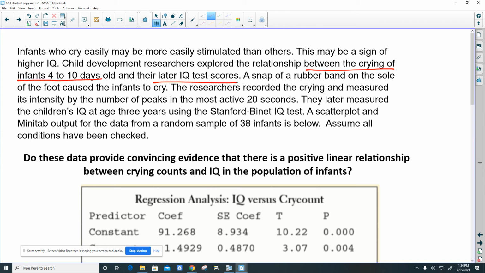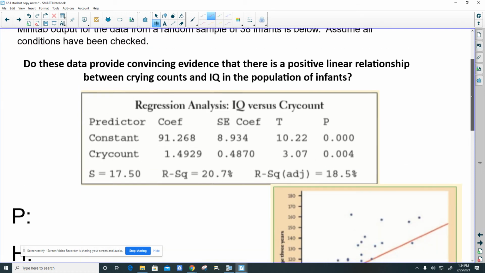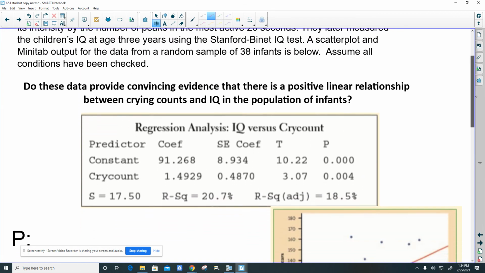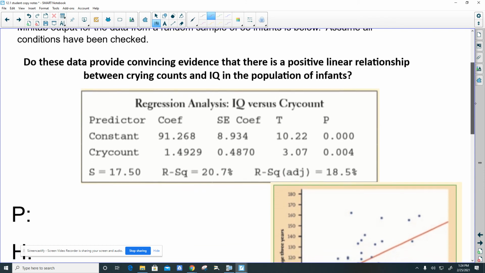A snap of a rubber band on the sole of the foot, oh, that's so sad, caused the infants to cry. The researchers recorded the crying and measured its intensity by the number of peaks in the most active 20 seconds. They later measured the children's IQ at age 3 years using the Stanford-Binet IQ test, and a scatter plot and Minitab output for the data from a random sample of 38 infants is given below. Assume all the conditions have been checked.